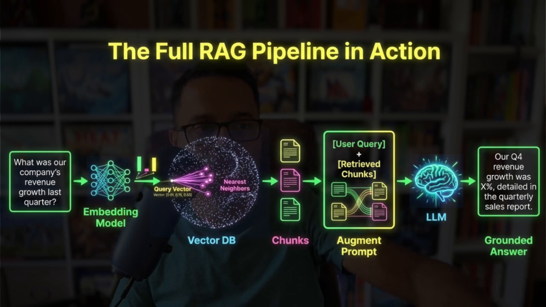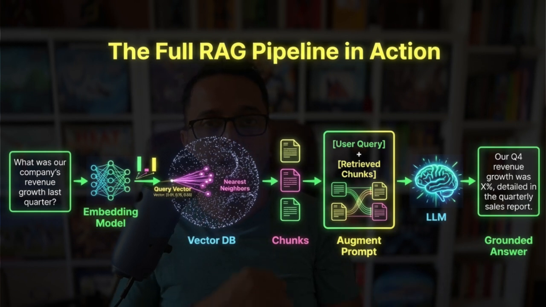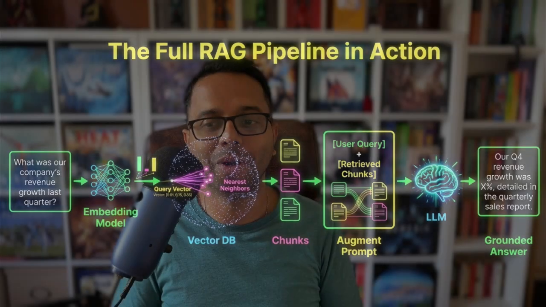Or in this timestamp of a video, right? I can annotate those things so that the user is more and more confident that the LLM is not hallucinating, and the LLM is only used to generate the answer the way we want to look at that answer, right? So at the end, you get a grounded answer. So this is the entire RAG pipeline, and that is retrieval augmented generation.